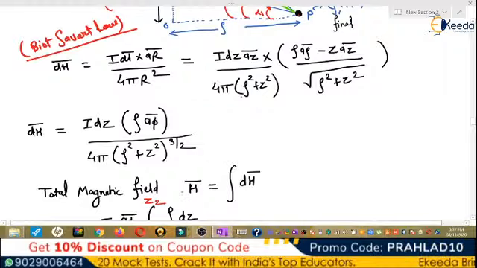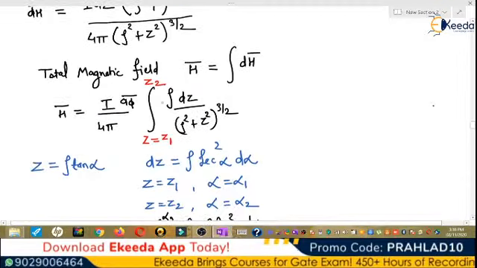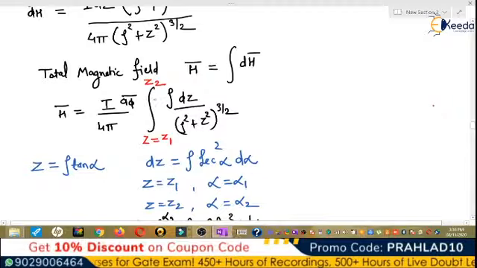Total magnetic field H vector is the integration of dH vector. So it is I by 4 pi a phi, and we will take the limits from z1 to z2. So it is rho dz upon rho square plus z square to the power of 3 by 2.